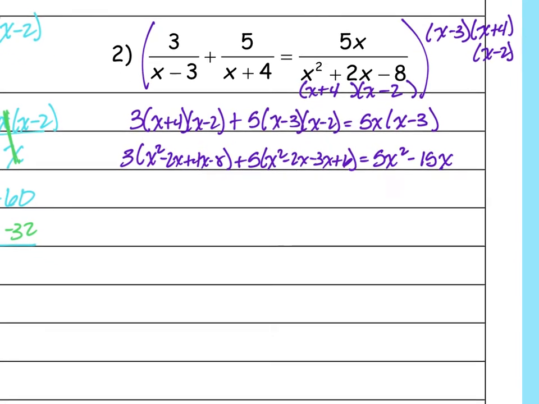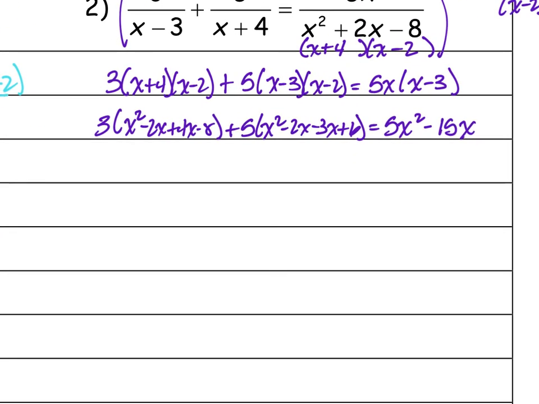It's entirely possible. Okay, so 3x squared. And if I combine my like terms together, I get 2x. And 2x times 3 is 6x. Minus 24, no x's. Plus 5x squared. And that's negative 5x, so that'd be negative 25x plus 30 equals 5x squared minus 15x.